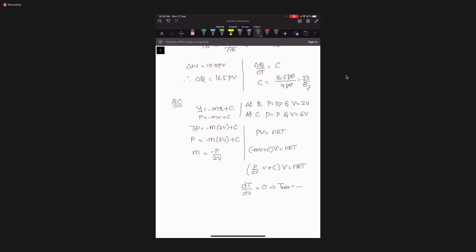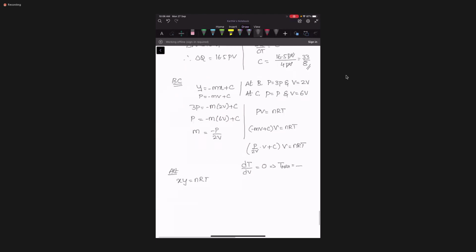Understood? If you're getting confused, the alternate way of doing it is X into Y is equal to nRT, isn't it? So X into Y is mx plus C is equal to nRT, right? So mx square plus x into C is equal to nRT.